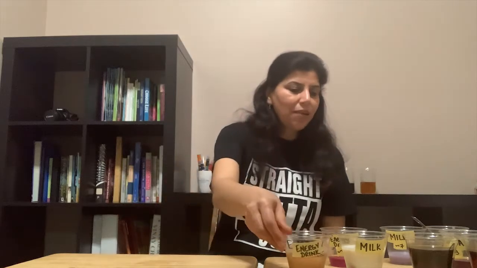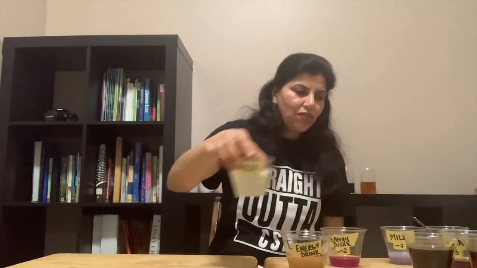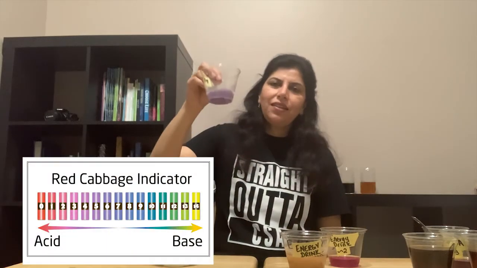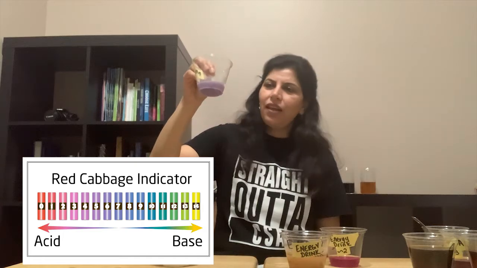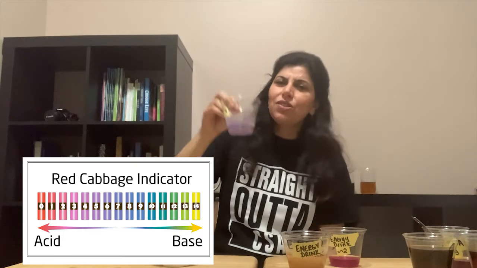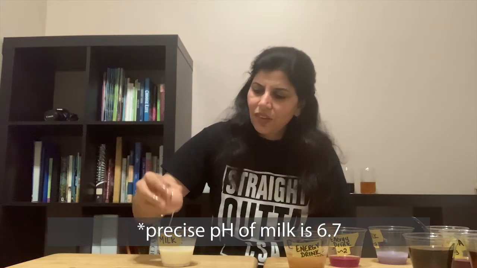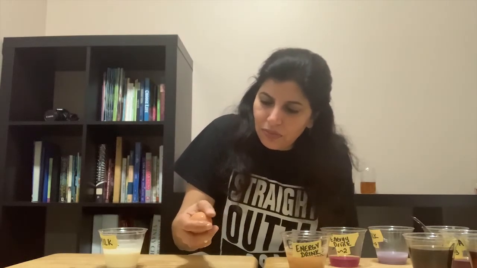All right, next I'm going to make an observation for milk. So I determined the pH of milk, and this is a purple color, and the pH is close to 7. All right, I see the egg looks a little more whitish, and that's probably because of the milk that's making a layer on top of it.